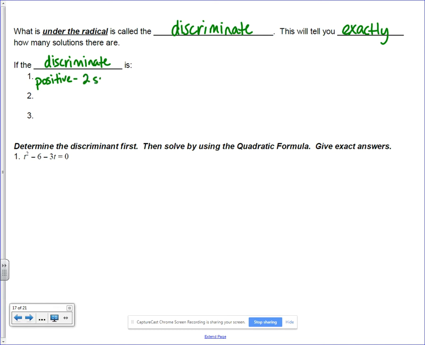There will be 2 solutions, meaning it will cross the x-axis at 2 points. Okay, meaning it will only touch the x-axis at 1 point.